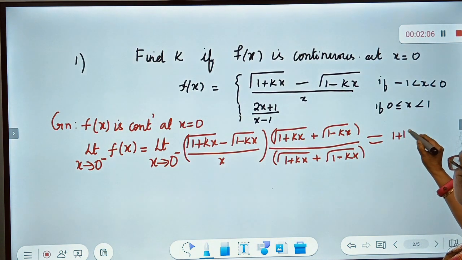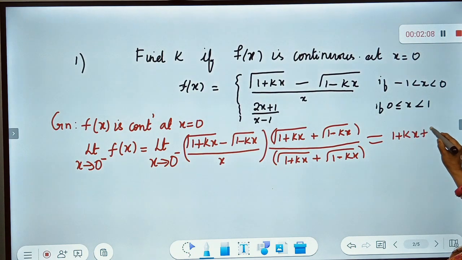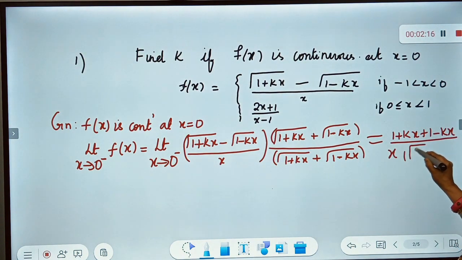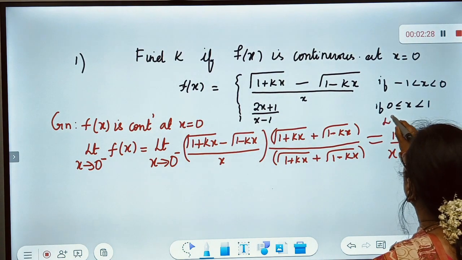So 1 plus kx minus (1 minus kx), divided by x into root of 1 plus kx plus root of 1 minus kx, where the limit extends to 0.